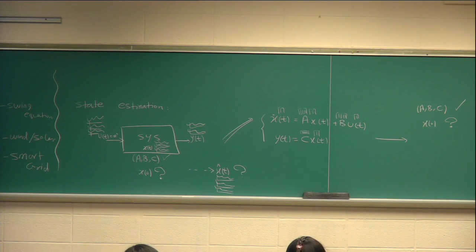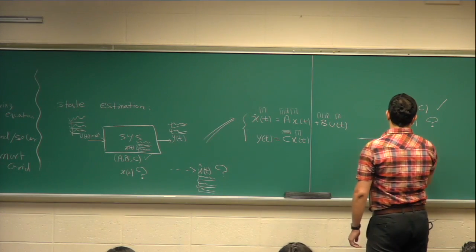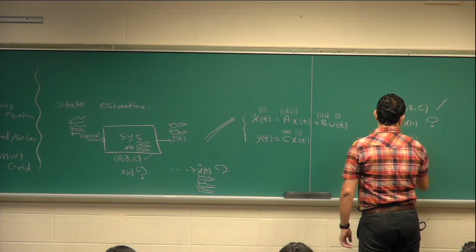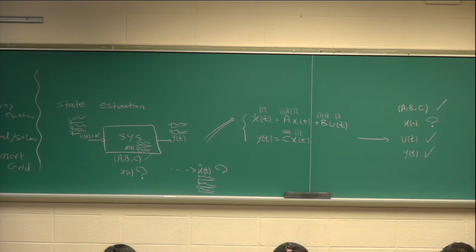So now the question is, given this, and having no information about the initial state, but with more information: I know the input, I know the output. I know what input I'm applying to the system. I can measure the output. I know the structure of the system, but I don't know where the system starts from.